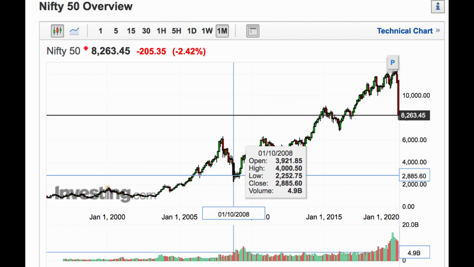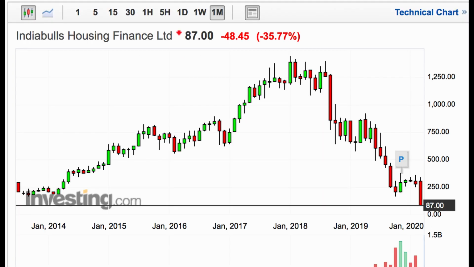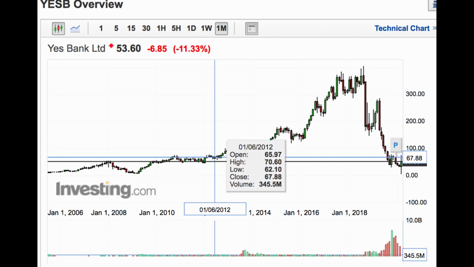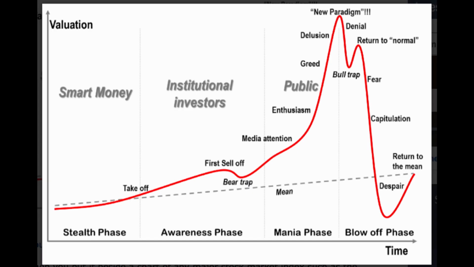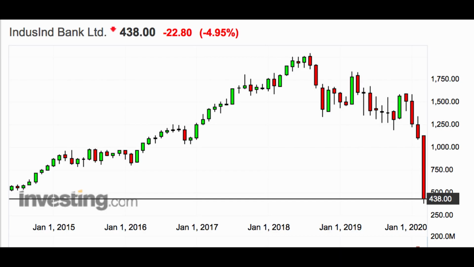If you look at the example of many names such as Indiabulls Housing Finance, Yes Bank, DHFL, or PC Jewelers, ZEE Entertainment. If you look at the charts of all these stocks, you'll find out there was a bubble sort of pattern. Now, next in the list are IndusInd Bank and RBL Bank.